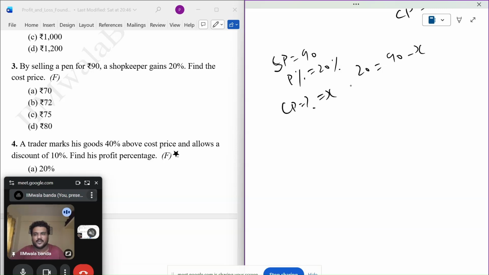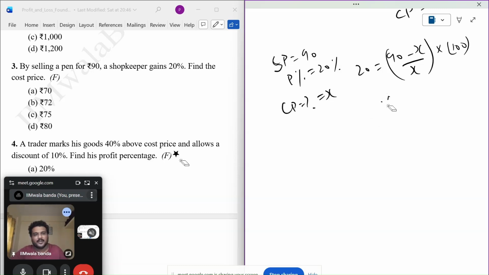Whatever you need to find, put that as X, so that as soon as you get X you mark the option, because this is human nature. So always whatever needs to be found, assume that as X. Okay, so upon CP into 100. So this is basically 100 will come here.